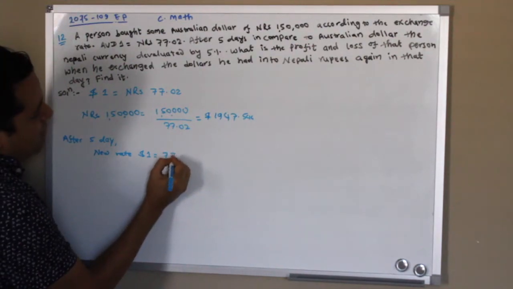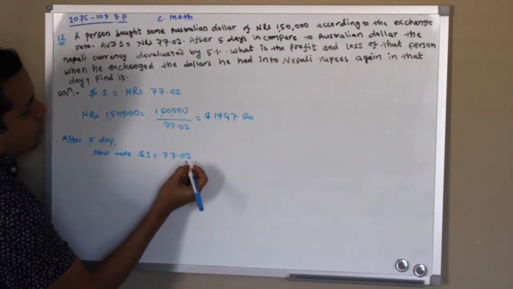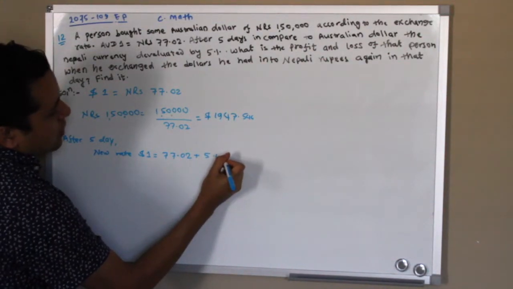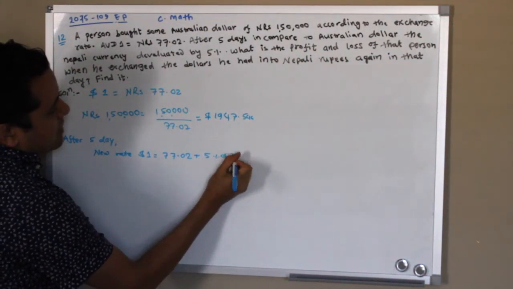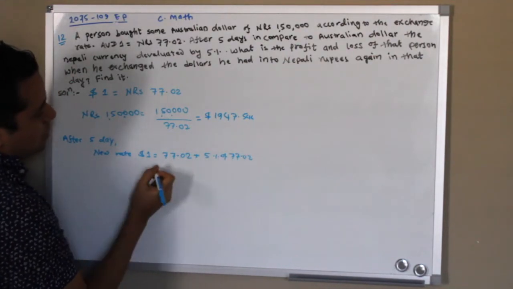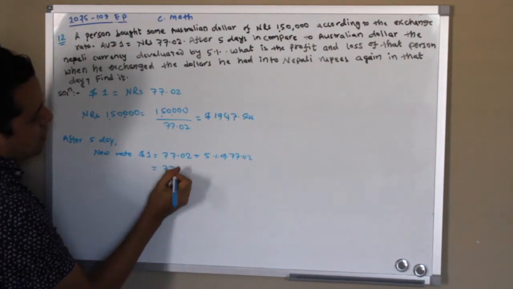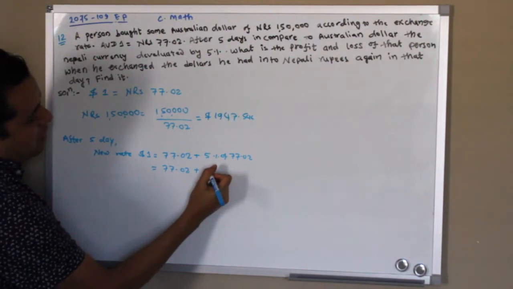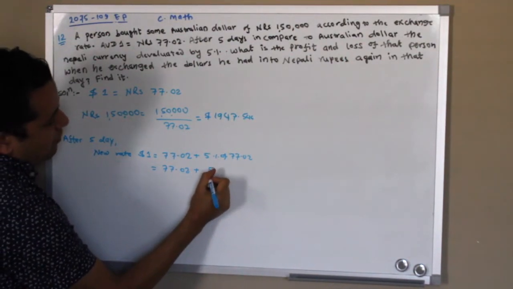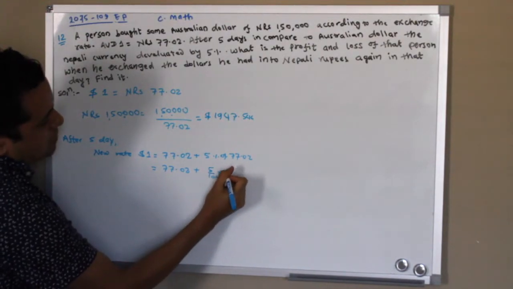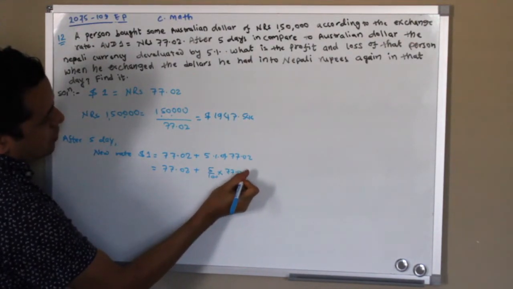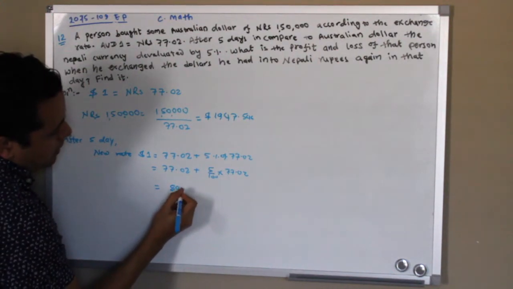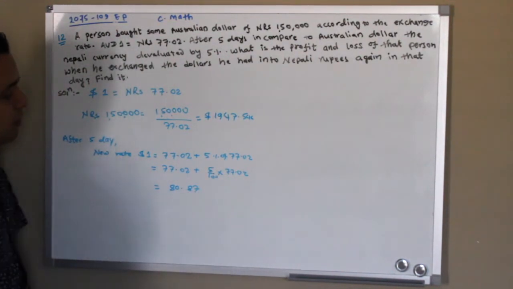Firstly, it was 77.02. Now it is increasing by 5% of that 77.02. If you multiply by 5 over 100 and add them up, you get 80.87.